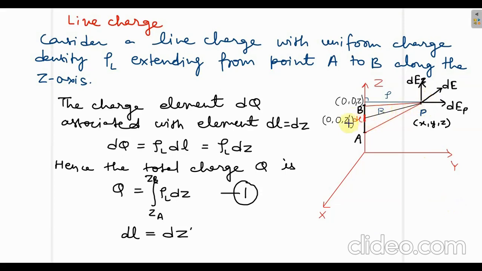This r extends from 0, 0, z dash to x, y, z. So let one point be 0, 0, z dash and another point be x, y, z, and the line joining them is r.